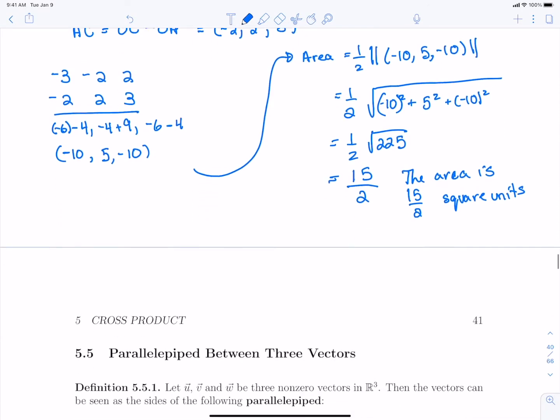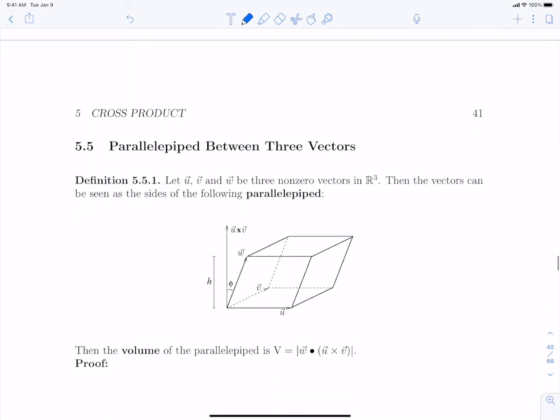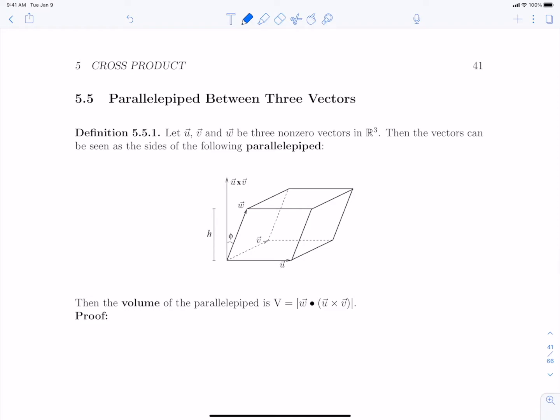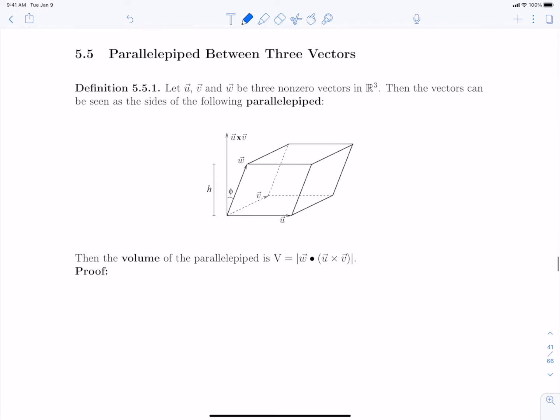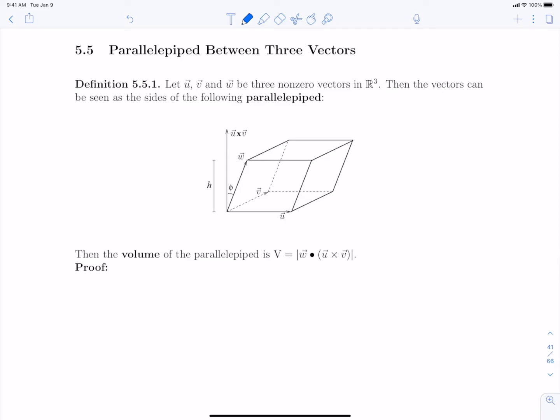Now we can actually keep going with the cross product, and we can go one up from area, and we can look at volume. And so what we have here is, if I had my vectors u and v, then we know that the cross product down here would be the area.